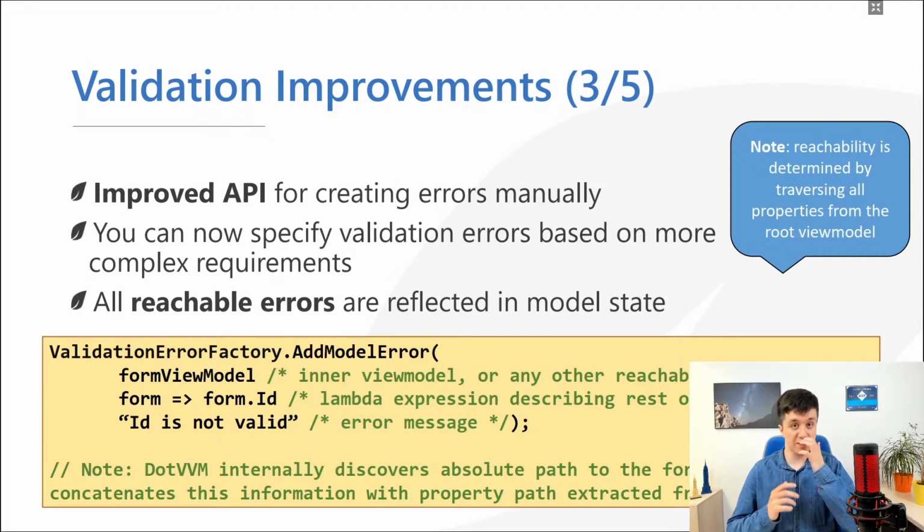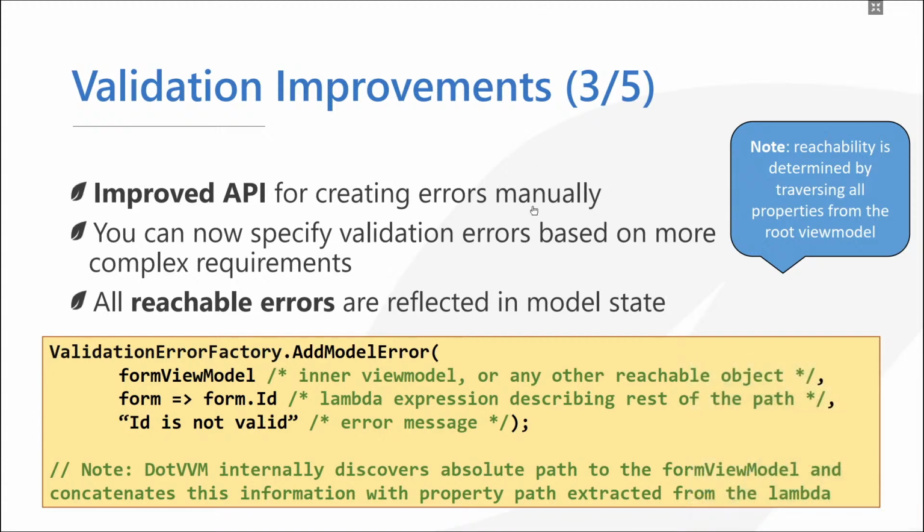So you can now specify validation errors based on more complex requirements. There are new overloads that you can take advantage of. And if you are wondering how it actually looks like, I prepared a small code sample.